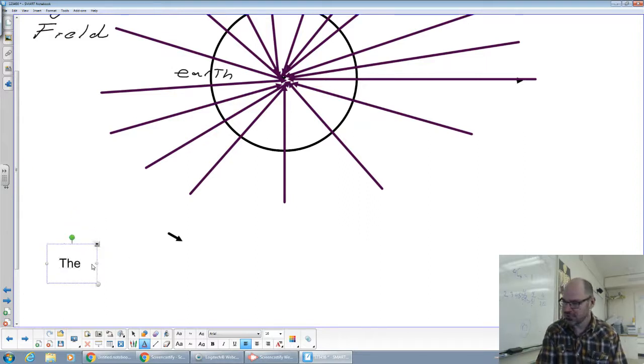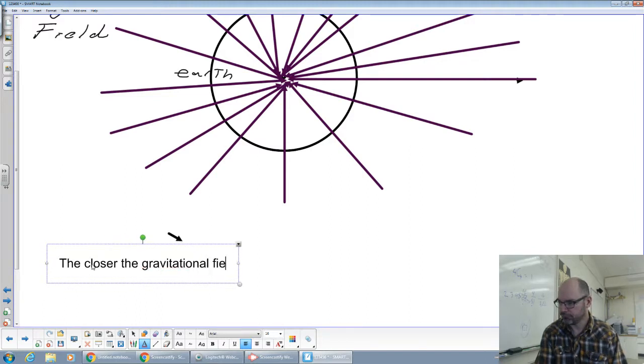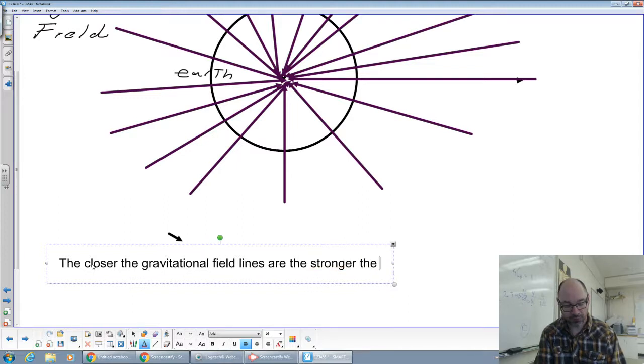The closer the gravitational field lines are, the stronger the field.